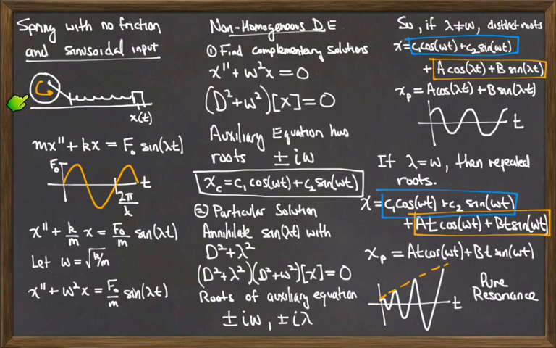When that external force determined by lambda is exactly equal to the natural resonance of the spring, they will combine and they will amplify in order to get this system that will go off to infinity, and the steady state would start to behave quite erratically if this was a physical system. So what we're seeing here is what's called resonance, where the input function is resonating with the natural frequency of the system.